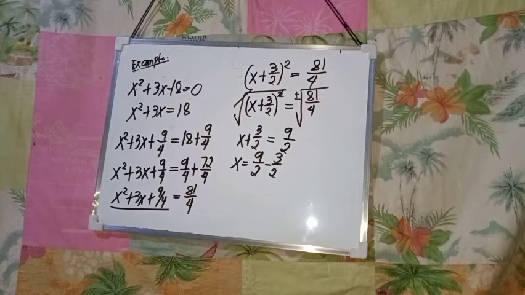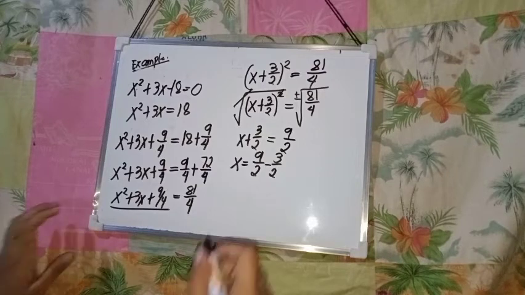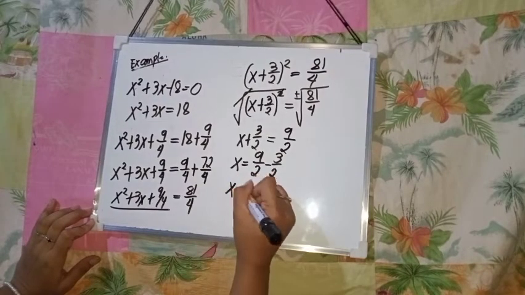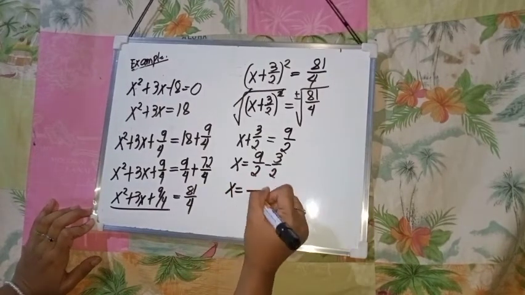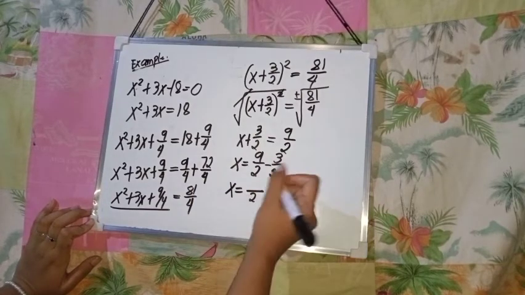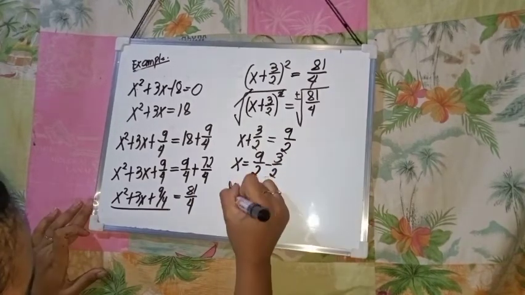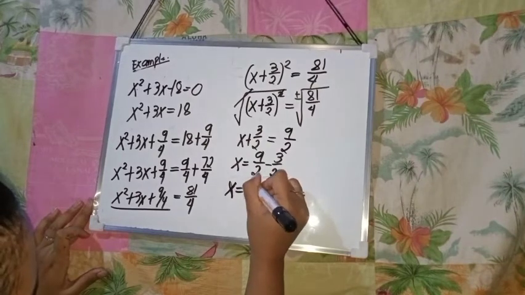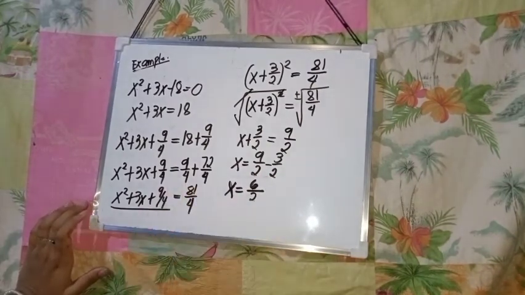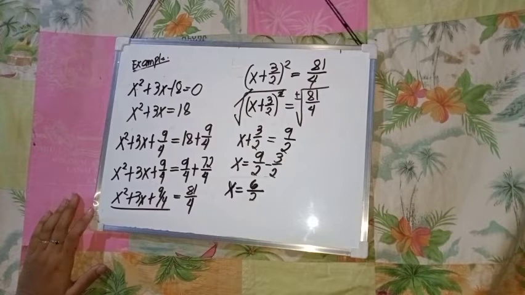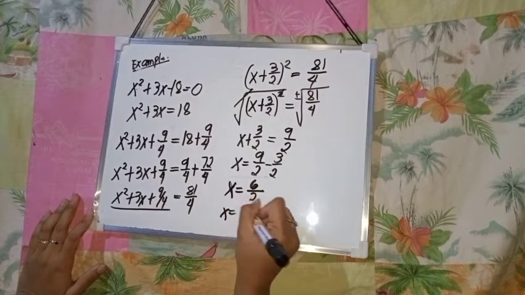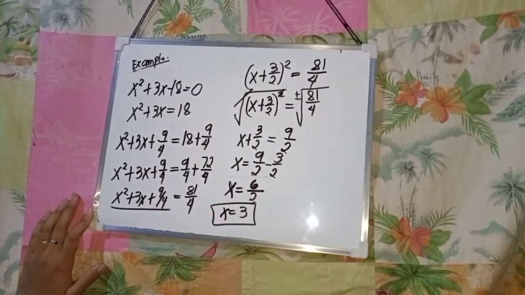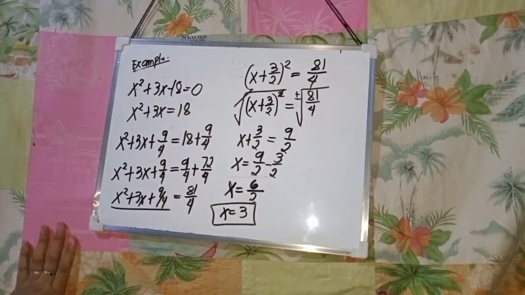Since they have the same denominator, we can easily subtract. x will be equal to, copy the denominator since they have the same, and 9 minus 3 is 6. So 6 over 2. 6 divided by 2 is 3. So x is equal to 3. So we already have the first value of x.